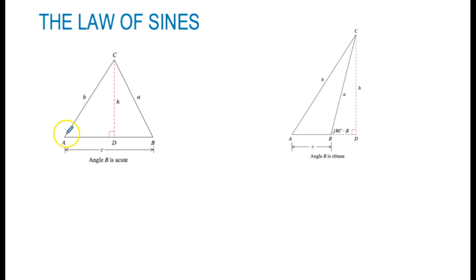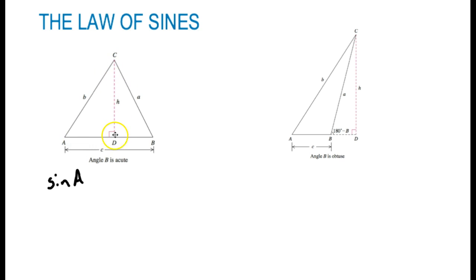So let's talk about angle A here. So if I want the sine of angle A, well, that's going to be equal to the opposite side over the hypotenuse, because we're talking about this right triangle right here.